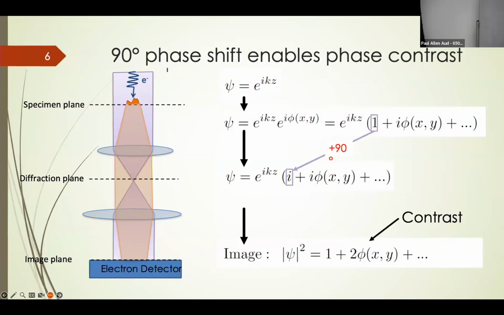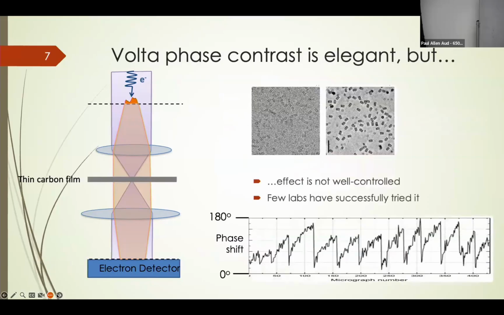With phase contrast microscopy, I'm in principle able to extract all the information that a weak phase object applies to the electron beam and turn it into visible image contrast at the standard quantum limit.